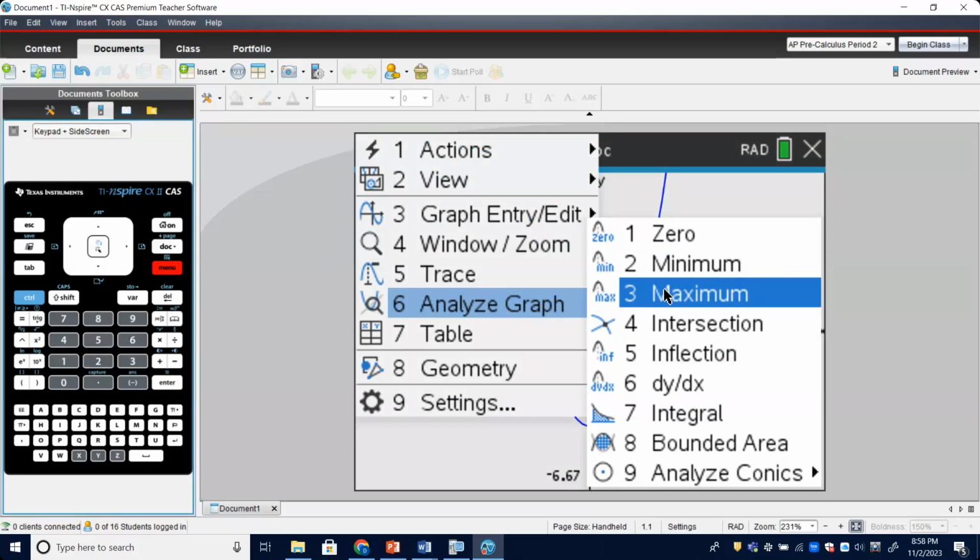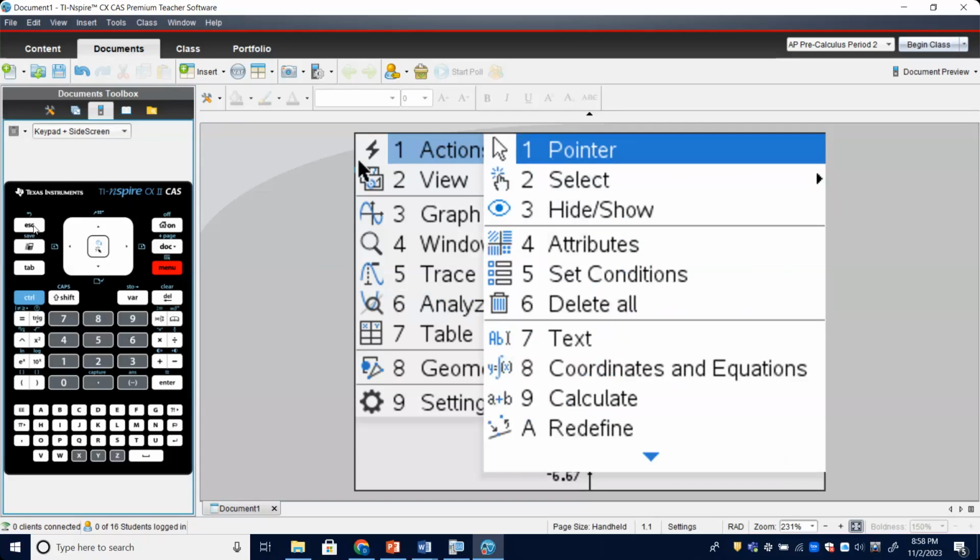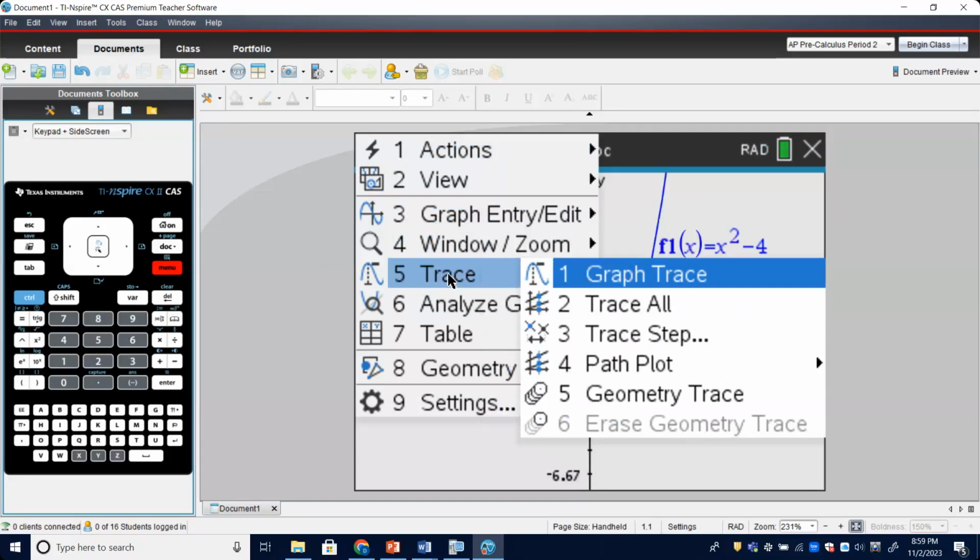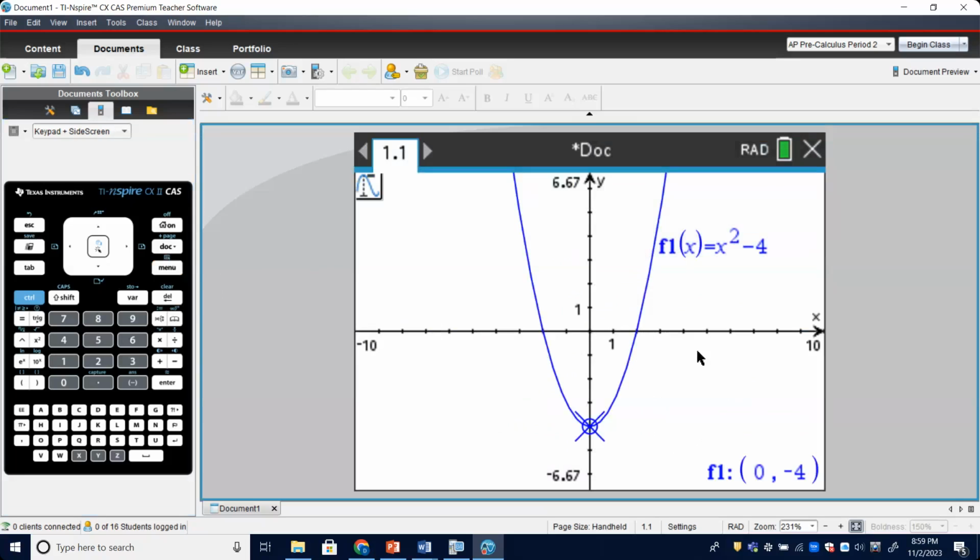But one cool feature, and I'm going to end on this, okay? I actually love the trace function because if I click trace and then graph trace, one thing that you see, if I scroll to the left, it pops on the zero and it says zero and here's the zero, okay?